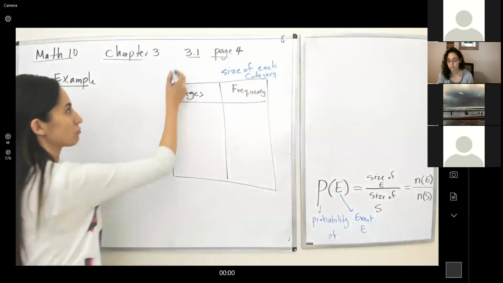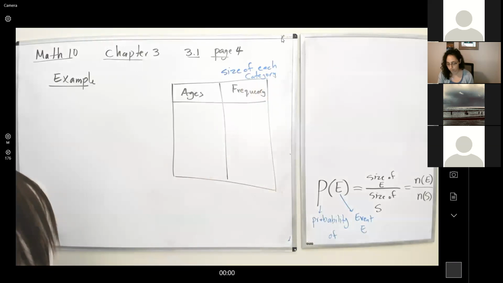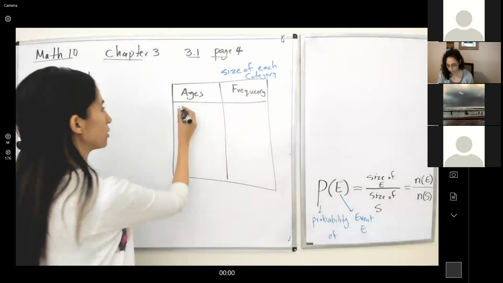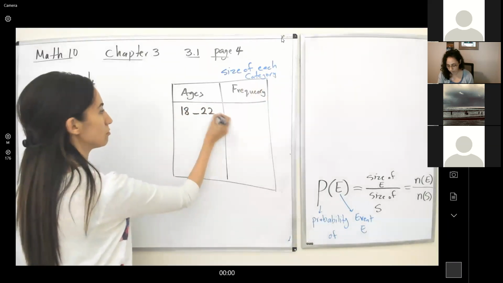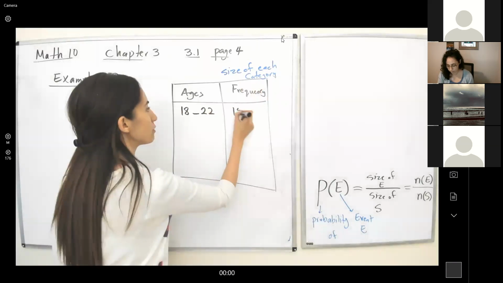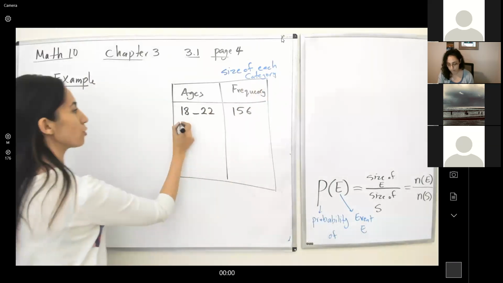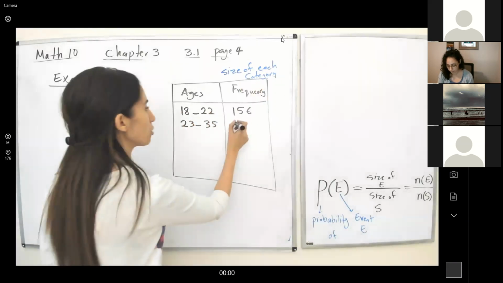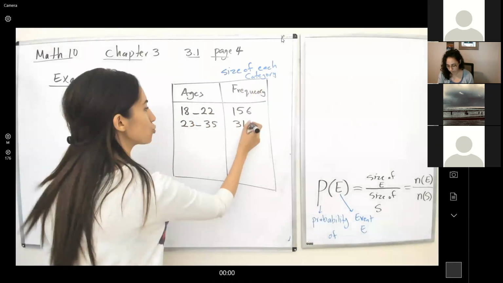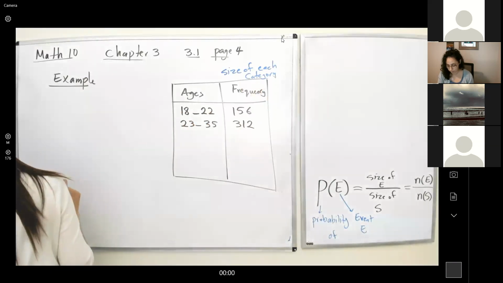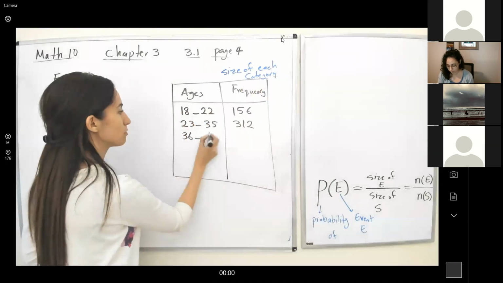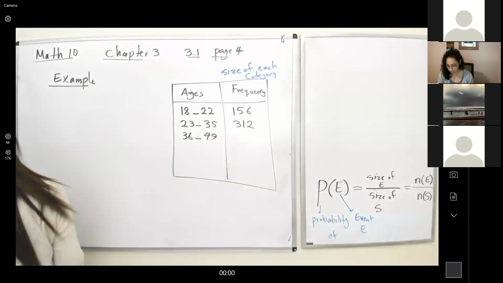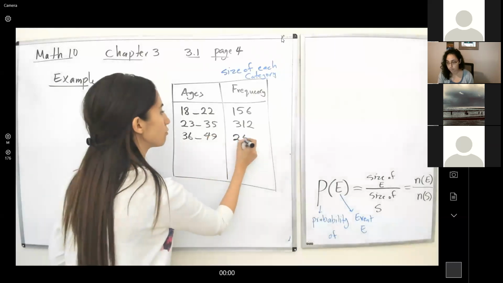Category. Okay, the first category, ages 18 to 22. The frequency is 156. The second category, 23 to 35, has size 312. Next category, 36 to 49. This category has size equal to 254.